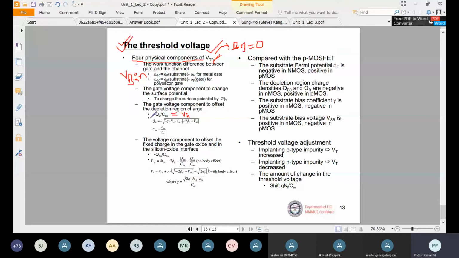Okay, or whatever immobile charge carriers are there in the depletion region, that will be given by the formula QB is equal to minus under root 2Q into Na into epsilon of silicon. So epsilon of silicon value we already know. What will be the epsilon silicon value?